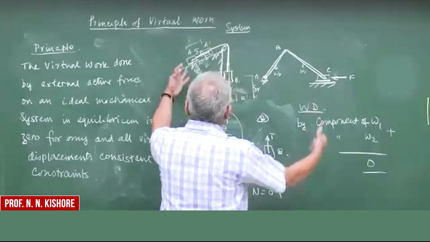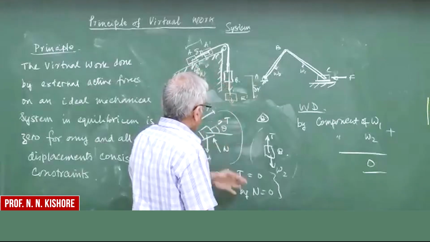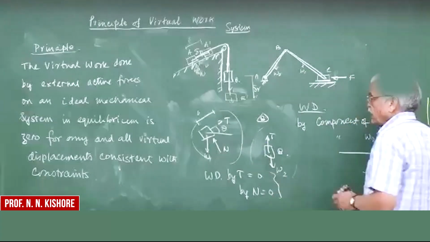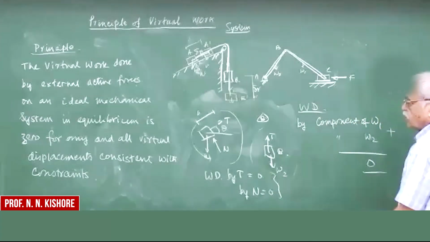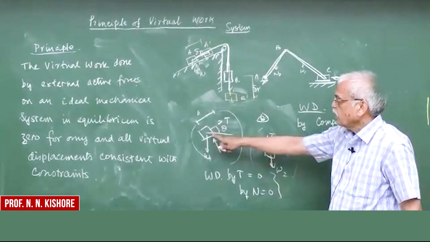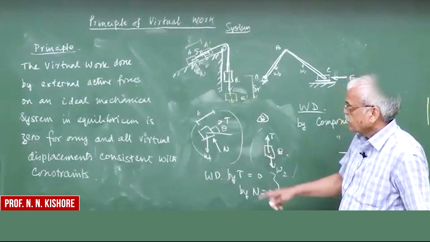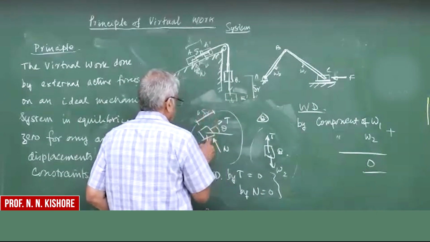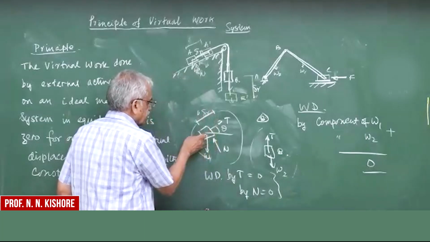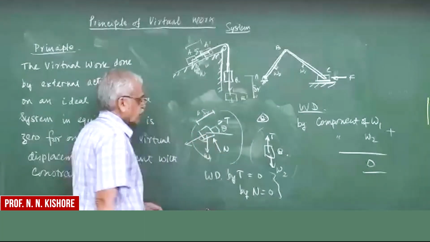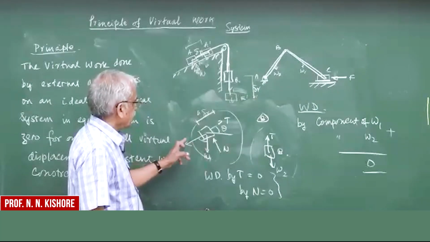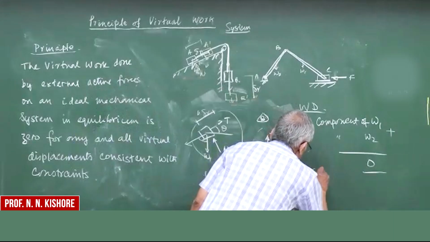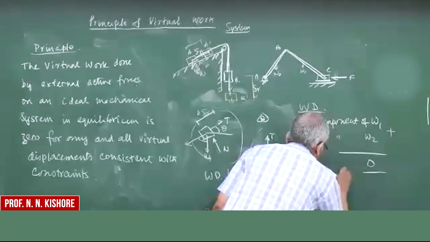We can relate W1 and W2 by simply applying this. Essentially, what you need to do is, if this is moving by a delta R here, what is the component of W1 in this direction? The component of W1 is W1 sine theta. It's very simple here. So W1 sine theta in the negative direction plus W2.